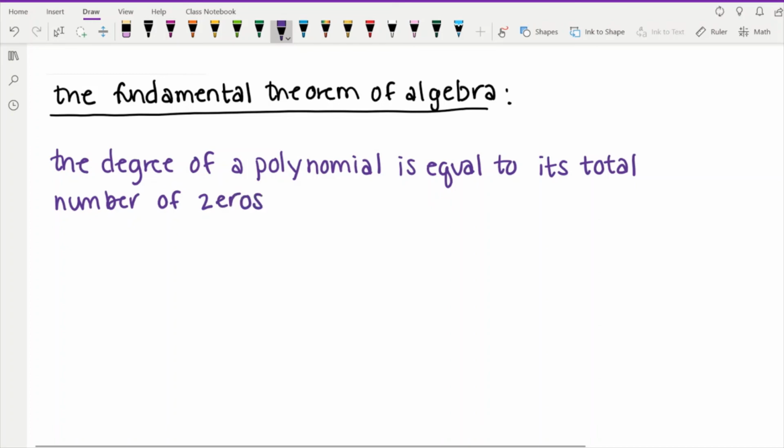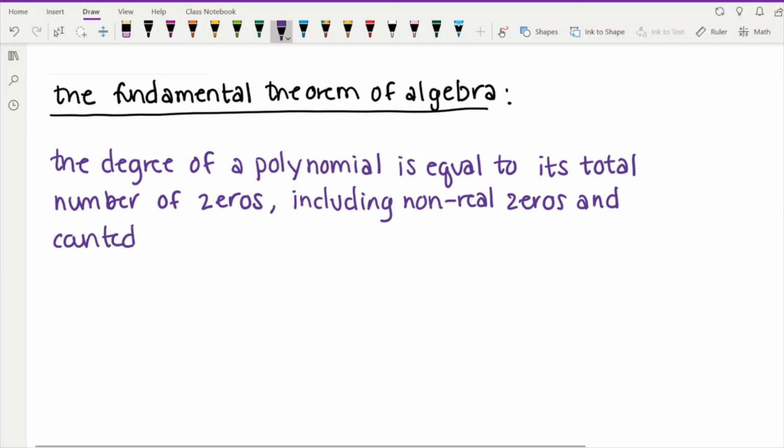And in order to make this work, we need to include non-real zeros. And we also have to count including multiplicity. I'll show you what I mean by that in a moment.